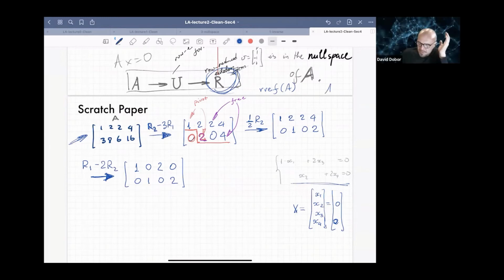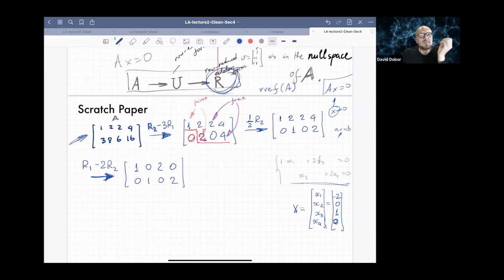Yes, x equals 0 is always a solution. The difference from the usual numbers like ax equals b is that here it's the only solution. Here, with the matrices, I have non-zero solutions. Like if I set, for example, x3 equal to, let's say, 1, then x1 minus 2 equals minus 2. That's a solution, right?